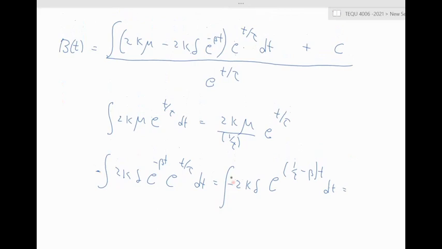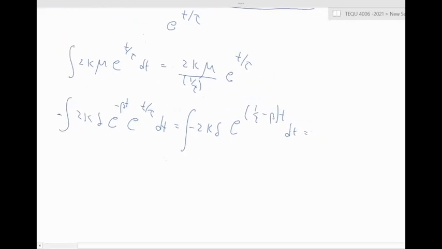Don't get people confused. So that final part there will be minus 2k times delta e. That's going to be the integration factor, 1 over tau minus beta. Oops. Let me fix that. Beta. And all that elevated, e to the 1 over tau minus beta, parentheses, times t.